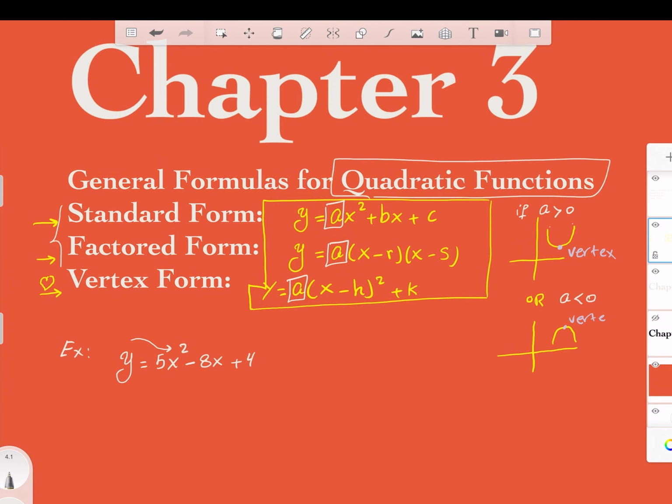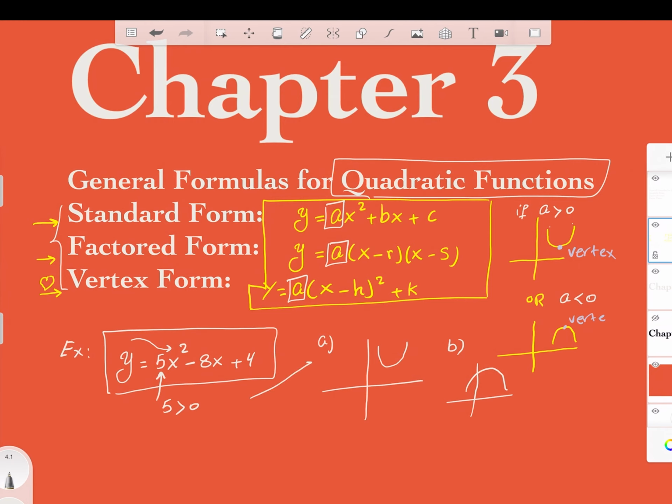There are three different forms, and the given form is the standard form. Now the question is, we have two choices. A, a graph, for example, like this, and B, a graph like that. So which one is the graph of this function? Because a here is 5, which is greater than 0, therefore we will pick A.